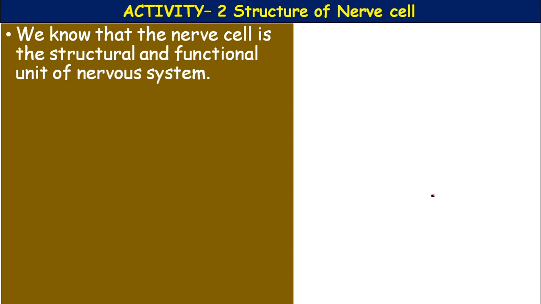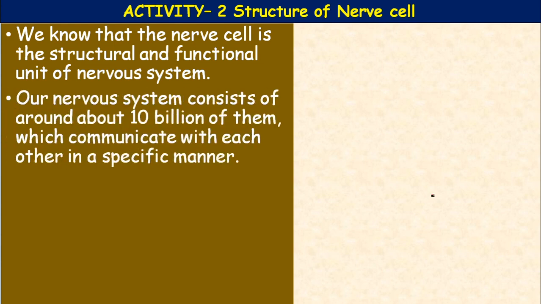We know that the nerve cell is the structural and functional unit of nervous system. Our nervous system consists of around 10 billion neurons which communicate with each other in a specific manner.